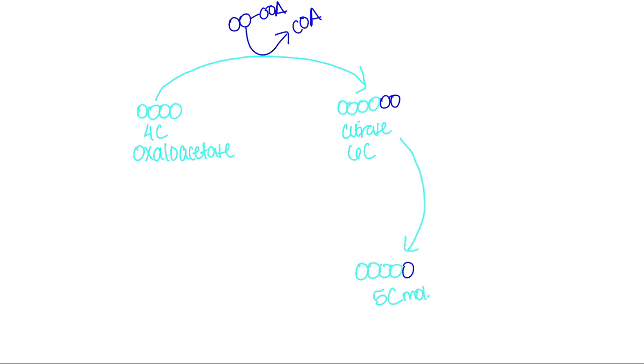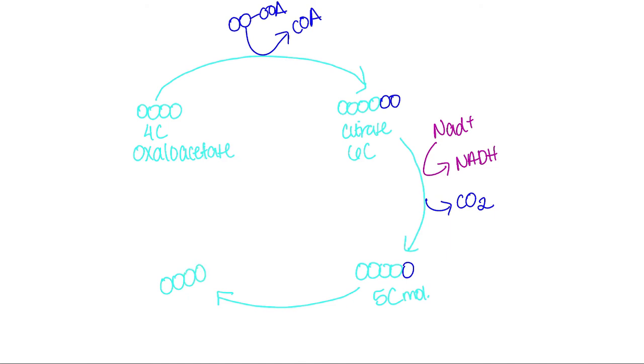One thing is, you'll notice that we lost one of our dark blue carbons, and that is because one of those carbons leaves as CO2. The other thing that happens during this step is we take NAD+ and we reduce it to NADH. So far we have made 1 NADH, and we have lost 1 carbon as CO2. We are then going to take that 5-carbon molecule, and now we're going to make a 4-carbon molecule.